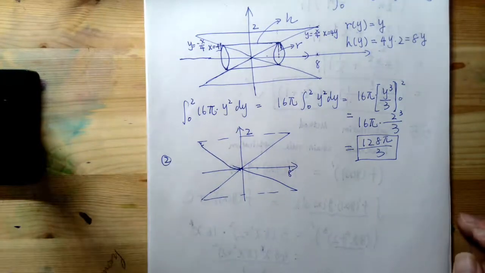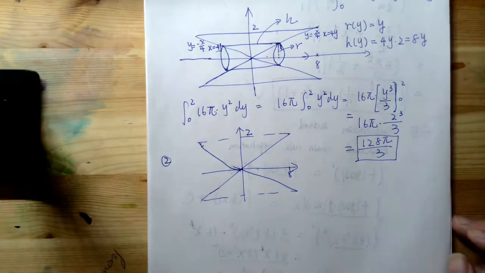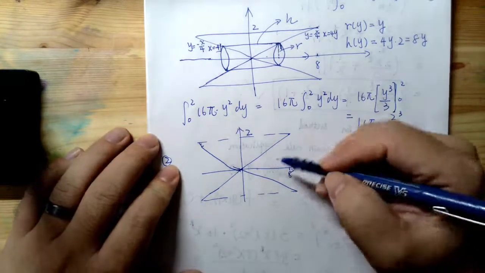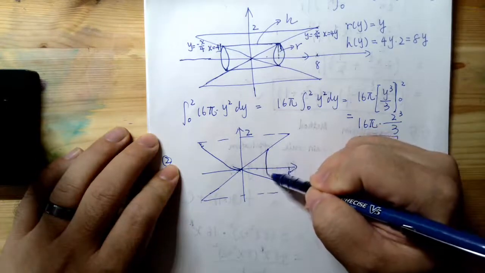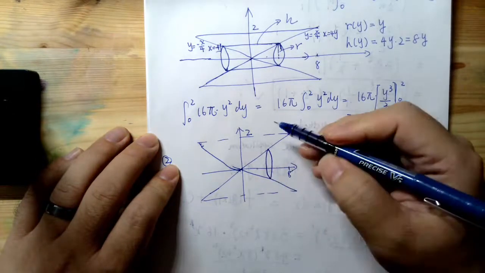Very different from the shell method. With the washer method, you're going to formulate a cross section here.